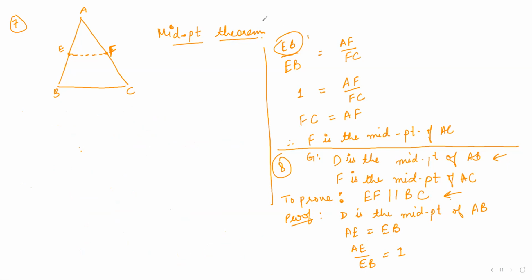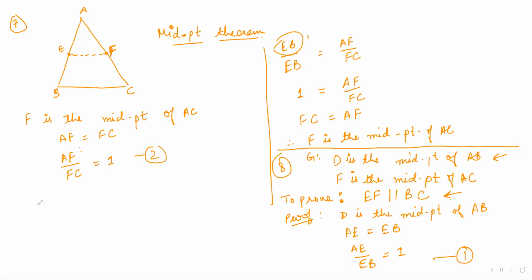Now come here. Mark this as 1. Now the second given condition: F is the midpoint of AC. This means that AF is equal to FC. So I can bring this FC in the denominator: AF upon FC is equal to 1. Mark it 2.